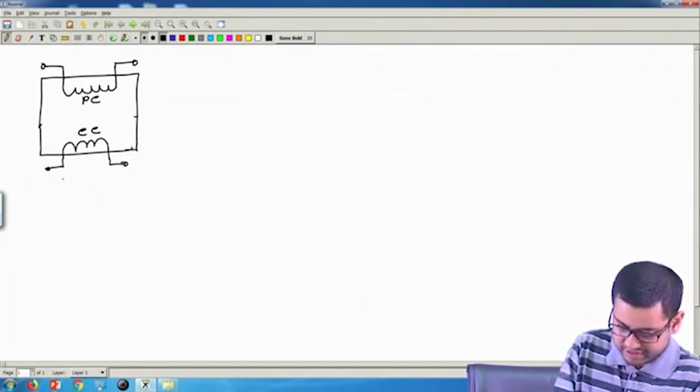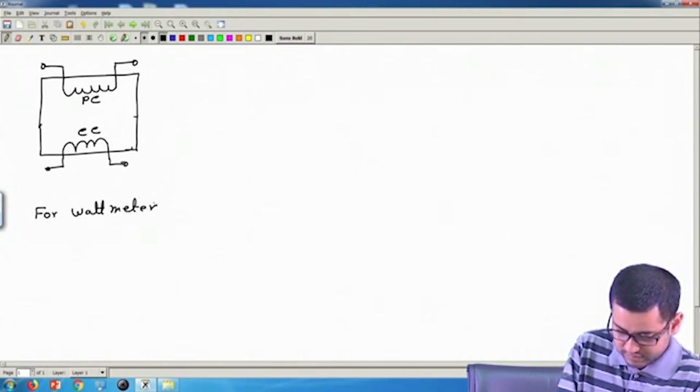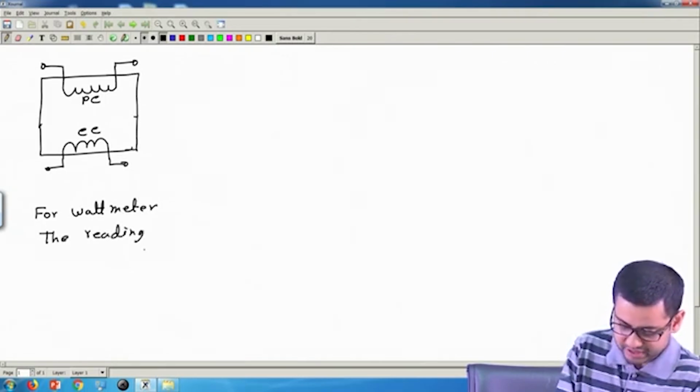First for the watt meter, the reading of the watt meter is proportional to the average value of the product of this current and this voltage.